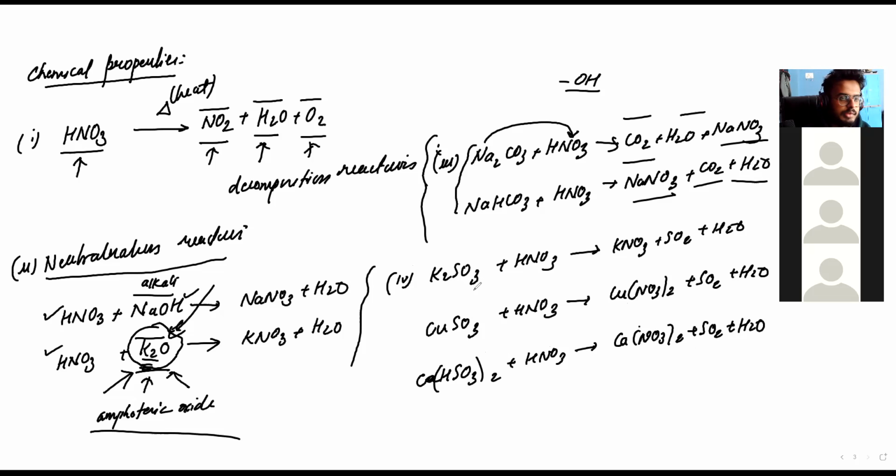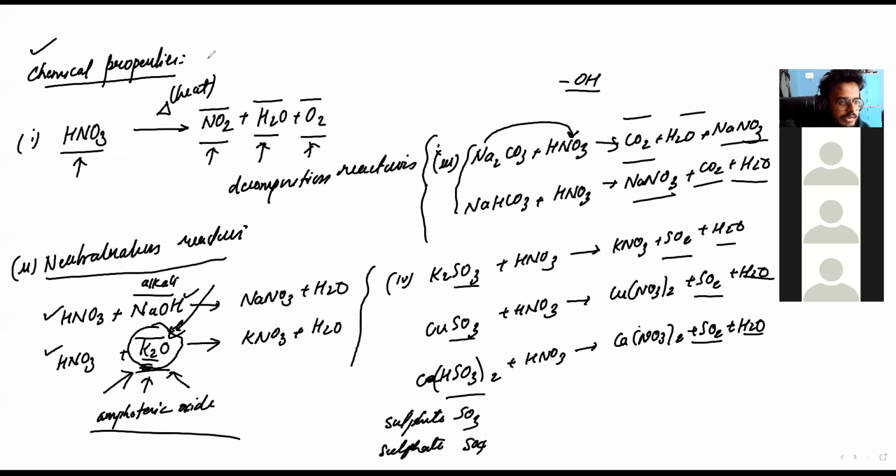Always when something reacts with sulfites and bisulfites, you get sulfur dioxide and water. Sulfite is SO3, sulfate is SO4. So you should know the difference.